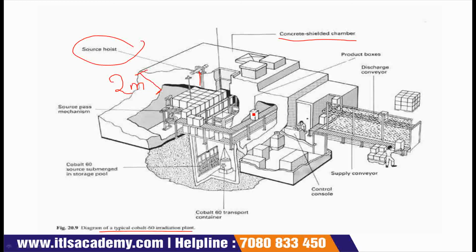These are product boxes that are moving on the conveyor belt continuously. This is the discharge conveyor. The product is discharged over here. The supply conveyor is here. You can see this is supply and this is exit or discharge.